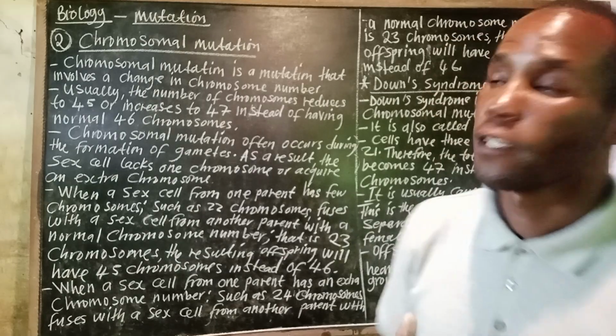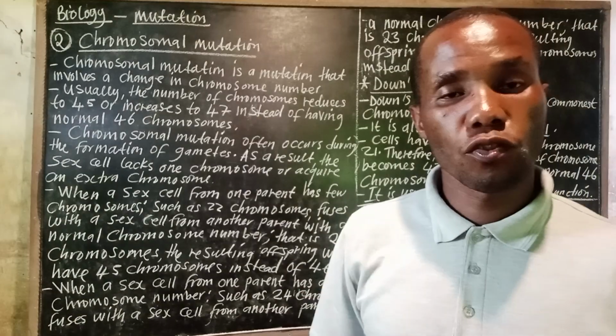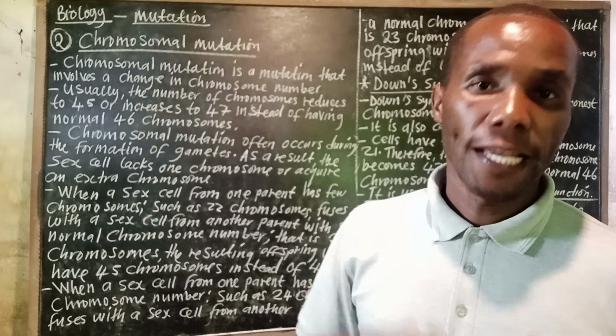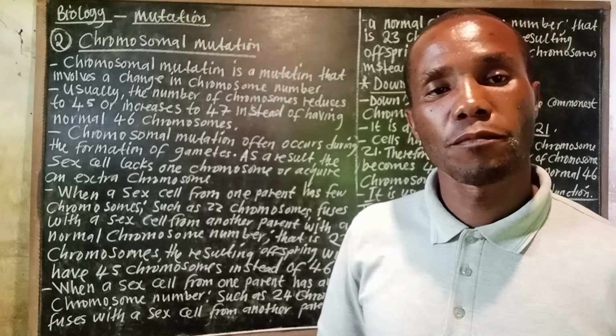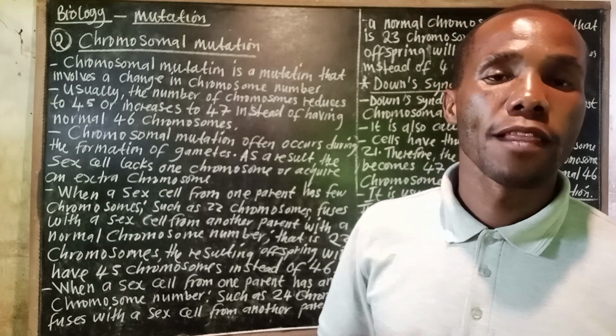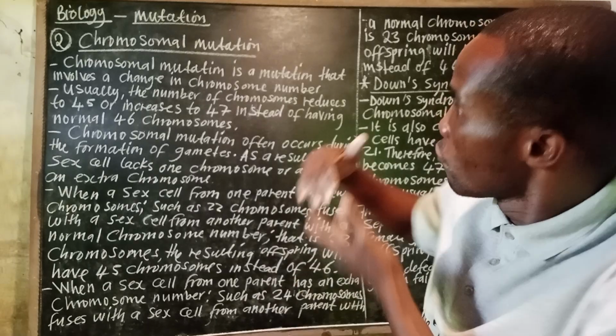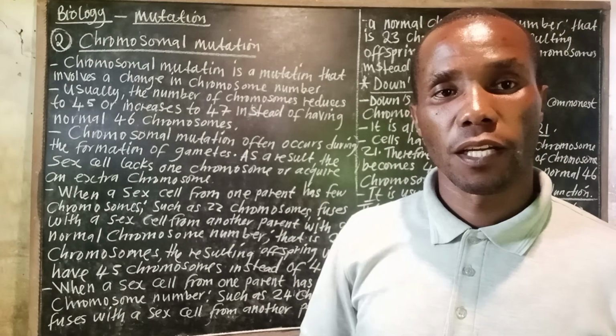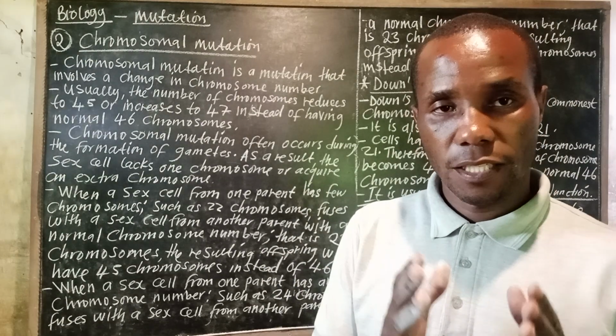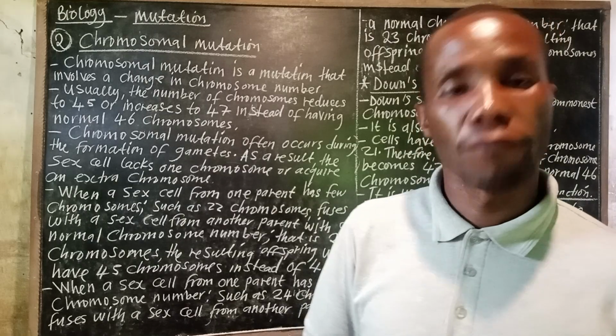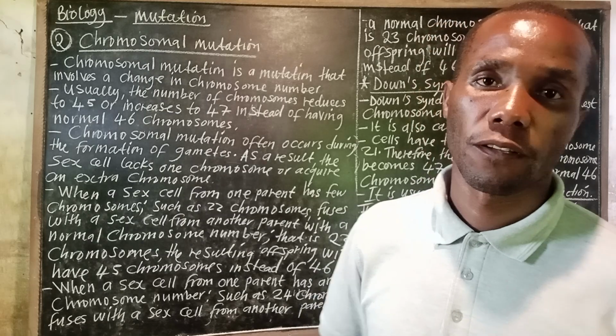I'm pretty sure that you know the total number of chromosomes each organism should have, and that is 46. That is the normal one. Now, when you talk of this type of mutation, the numbers of chromosomes are going to be affected.